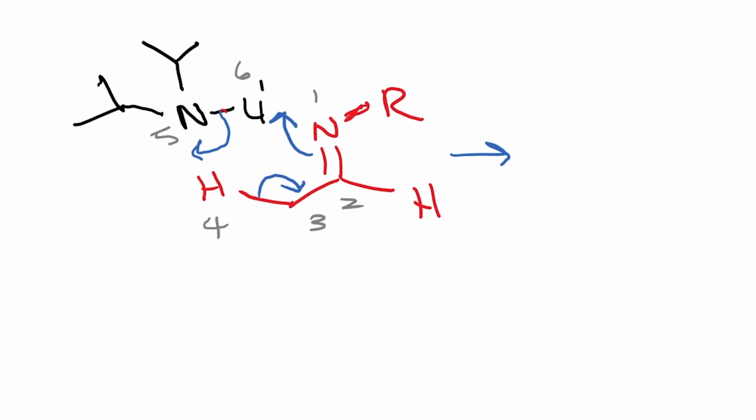And so if I keep track of the arrows, nitrogen is here, and this is my LDA. The isopropyl groups are still here, and now there's a new bond between this hydrogen and this nitrogen. So now LDA has become diisopropylamine, and there's a new bond between this nitrogen and lithium.